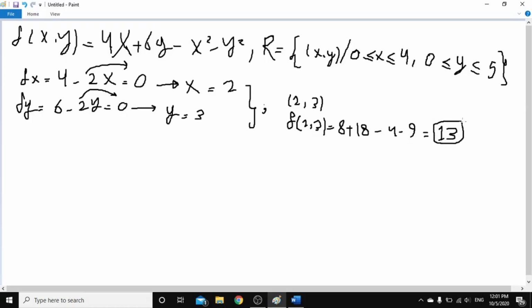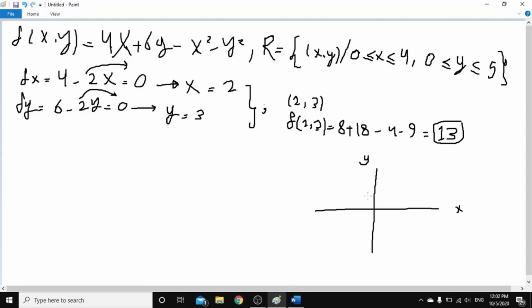Okay, so this is the first step. The second step, we need to draw. Let's draw the x and y coordinates here. Here we have the x values, and here, of course, we have the y values.